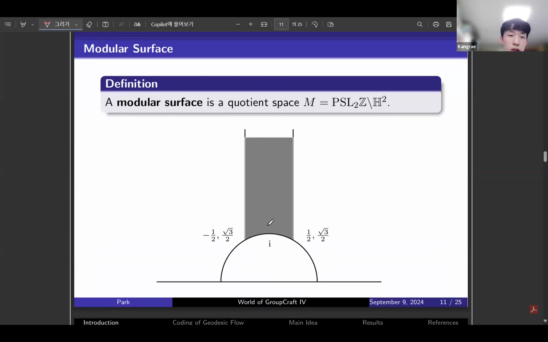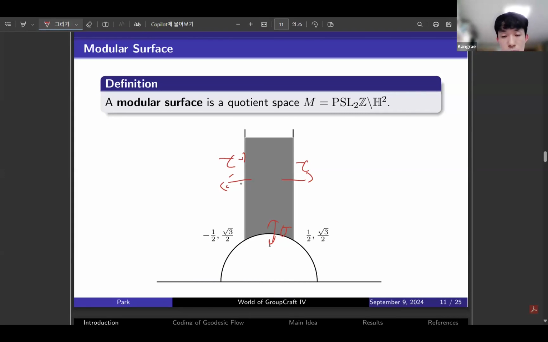Geometrically, the modular surface can be shown as follows. It's because there is tau here. This may be tau inverse. And this transformation could be seen as an inversion, sigma. So from tau and sigma, we can see that the modular surface can be shown as follows.